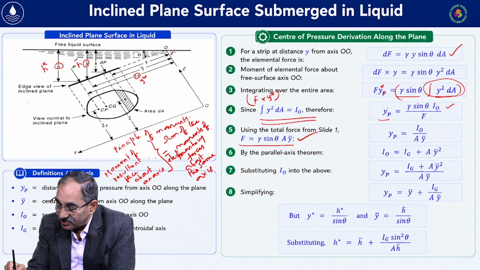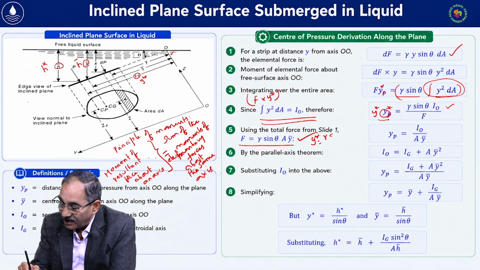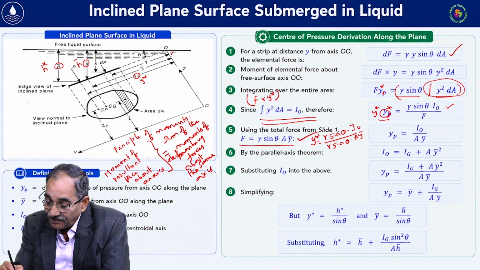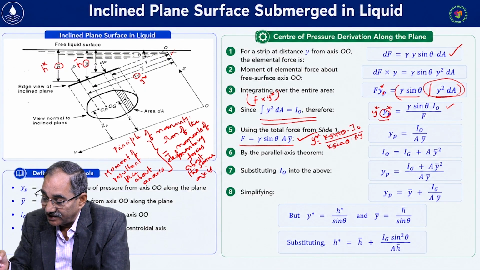So yp is replaced by y star, which is gamma sine theta into I naught divided by F, that is gamma sine theta into A y bar. So gamma sine theta will cancel.